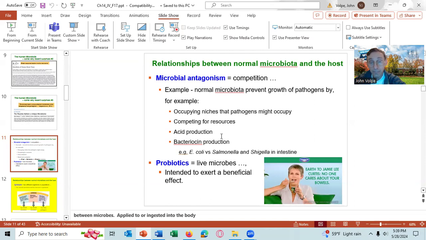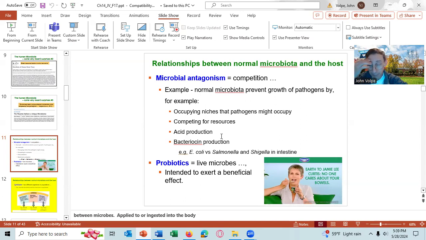And if it's not hospitable, then the pathogen cannot grow and get established. An example is that the skin is around pH 5 to 5.5. Some pathogens, not Staphylococcus aureus, but some other pathogens, if they were to fall on the skin, they would find the skin to be too acidic to grow.